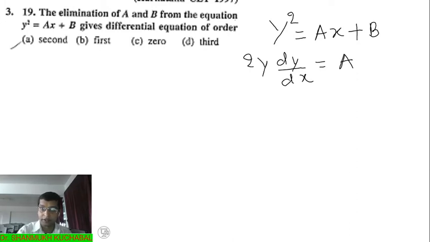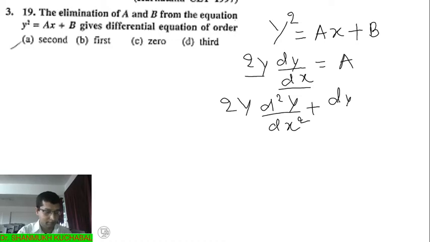So again differentiating, first function as it is, first function we take as 2y, second function is dy by dx, first function as it is, second differentiation, and second as it is, first function differentiation 2 into dy by dx, and a is purely a constant, its differentiation is 0.